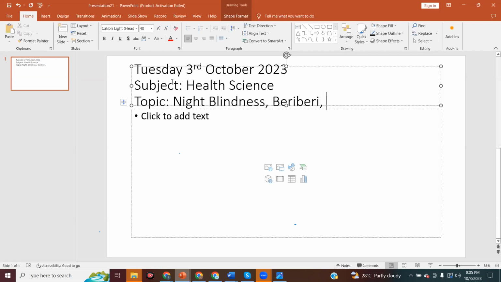and I want someone to try to pronounce this word. It'll be interesting. Kwashiorkor. Pronounce that word for me, please.